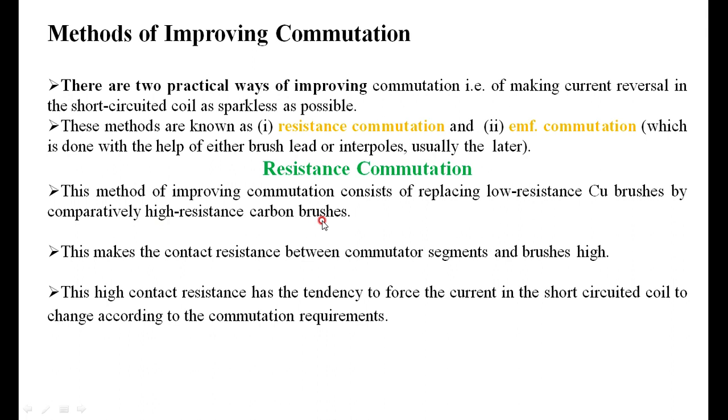That is, you avoid the sparking by making the brush itself of very high resistance, so that it is made of carbon, offering very high resistance to the spark. Therefore, the current has to take the path through the commutator segment. So resistance commutation is nothing but replacing low resistance copper brushes by carbon brushes.